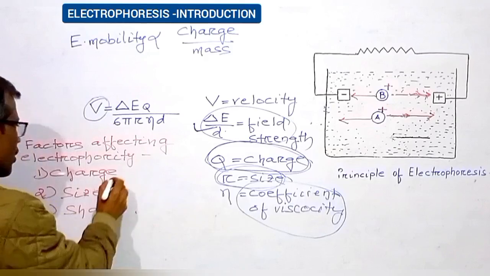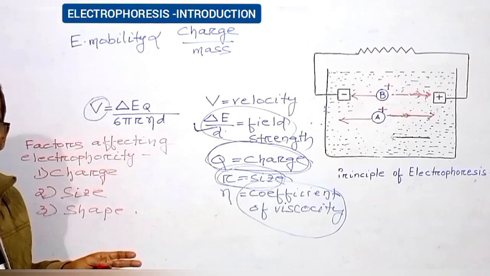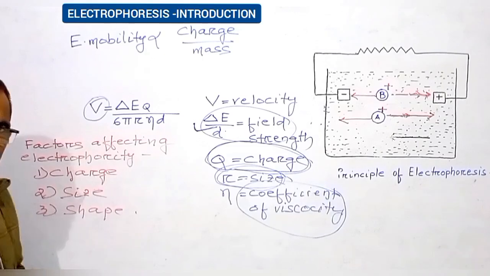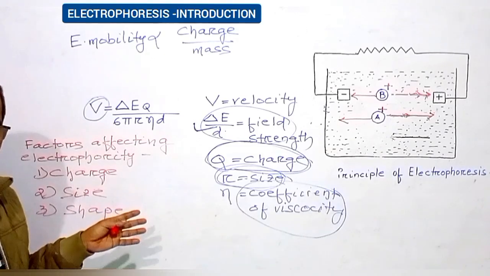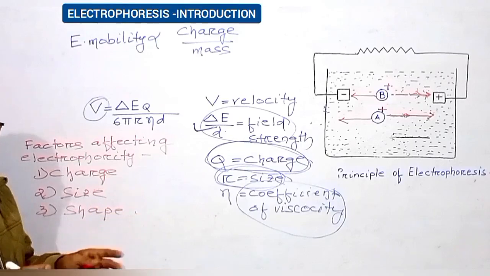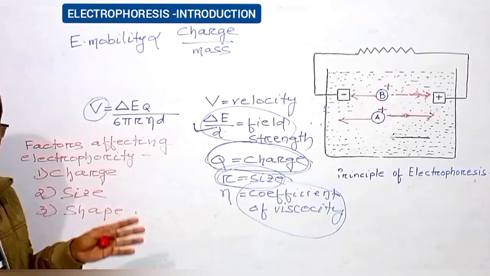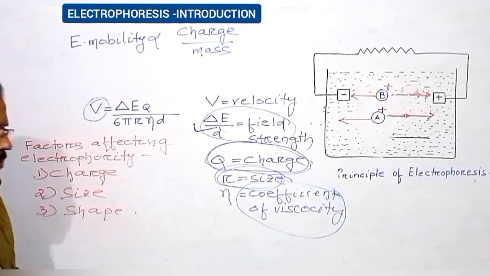The electrophoretic mobility of a molecule is directly proportional to its charge. So the higher the charge of a molecule, the greater its electrophoretic mobility. The charge, however, depends on the pH of the medium.